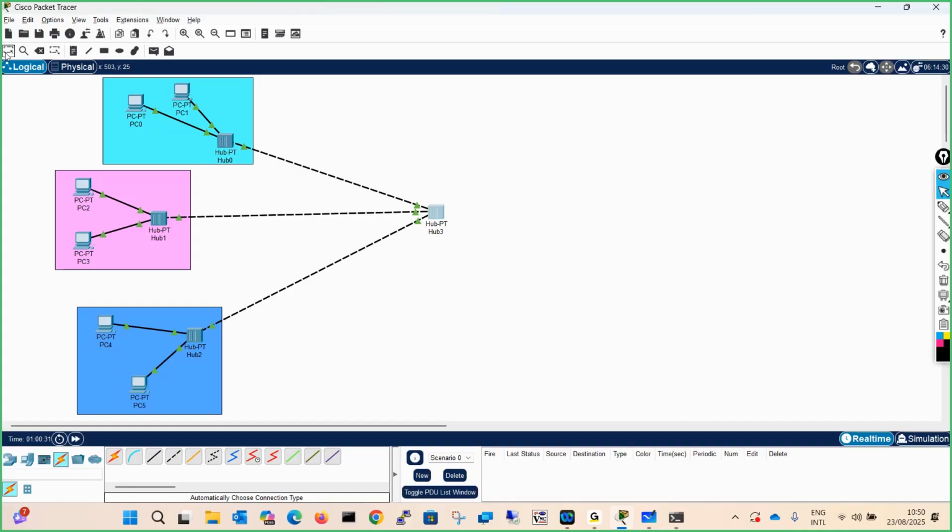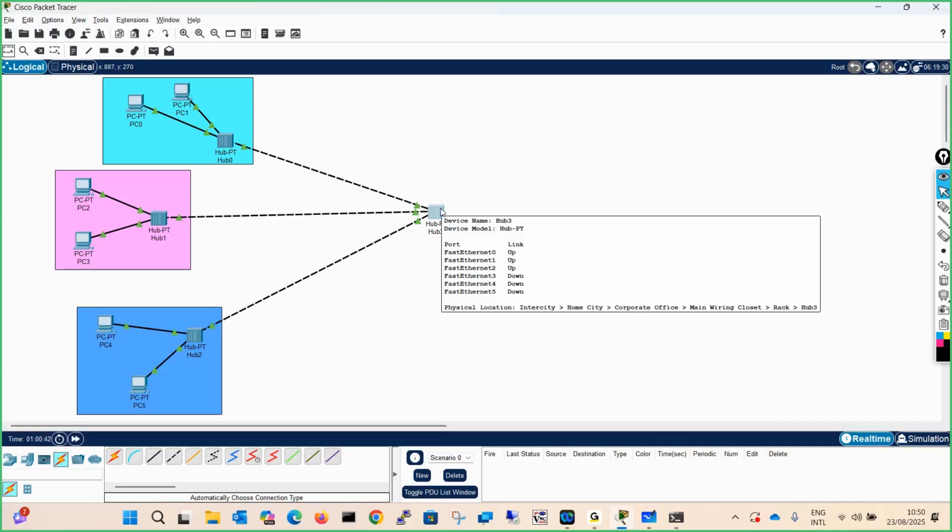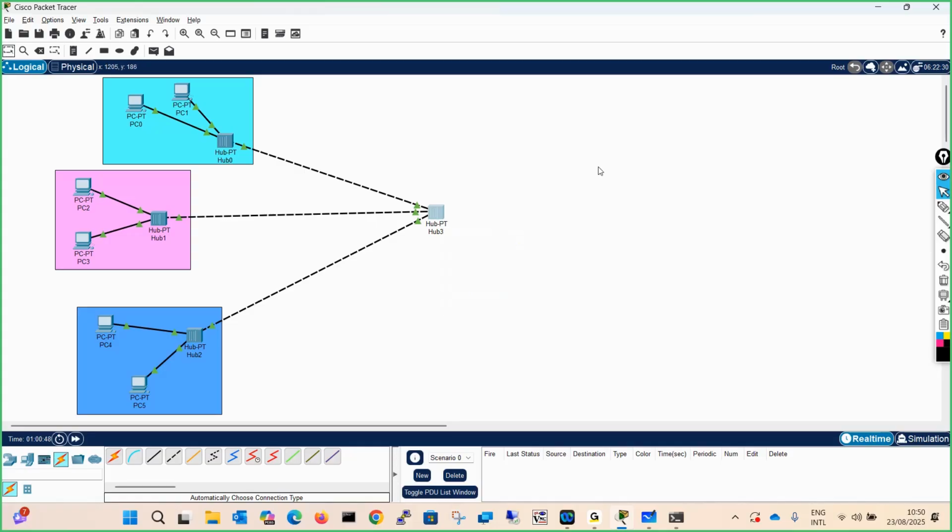Now let's say for example, in olden days you were supposed to build a network. First floor network is there, second floor network is there, third floor network is there. It was using a hub. Now what is the problem over here? Let's understand. Let's say this is your network which you have built on the hubs.